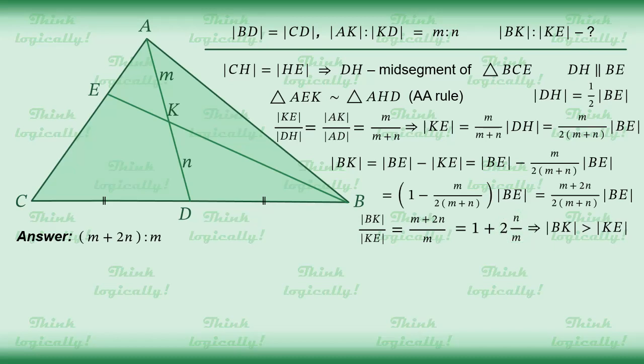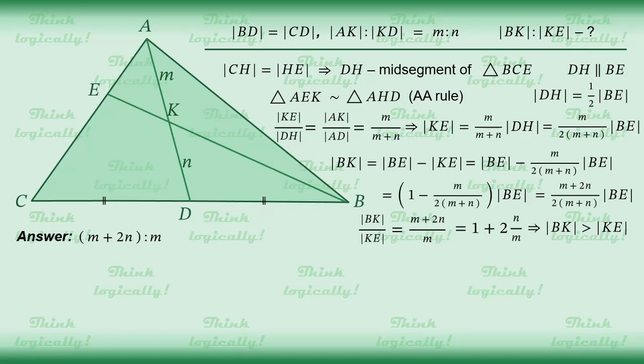When M over N is 2, meaning that M is 2 times greater than N, point K is a centroid, the place where all three medians meet. In this case, the second term of the expression becomes 1.